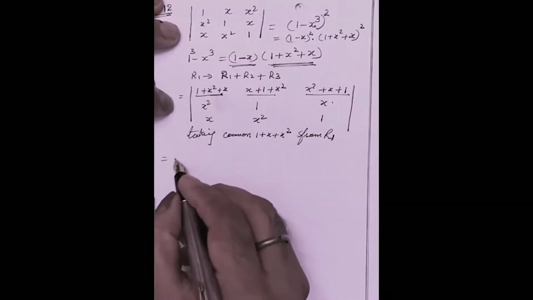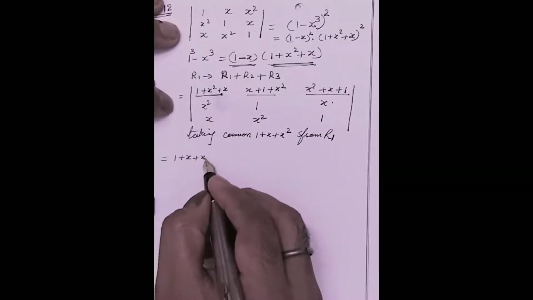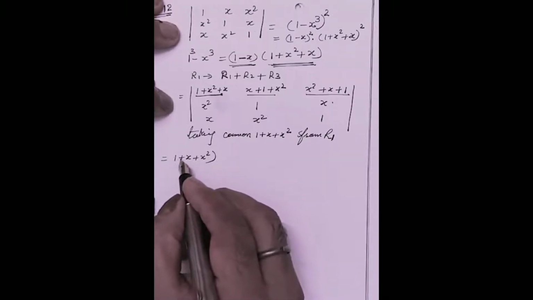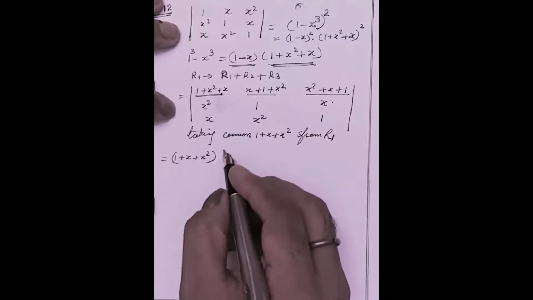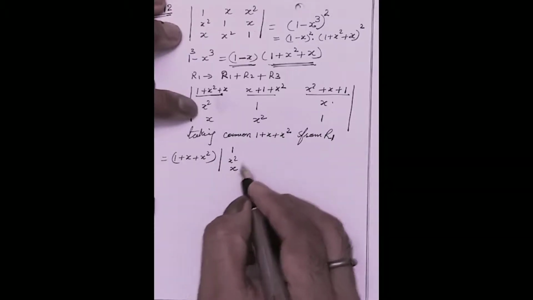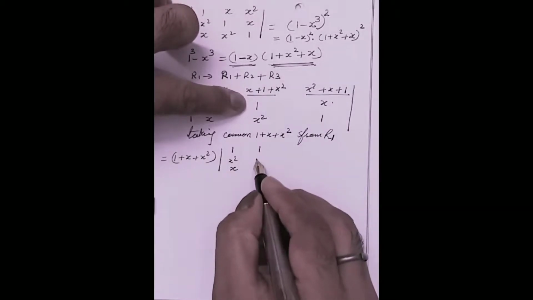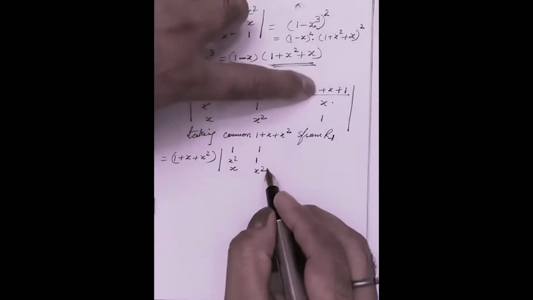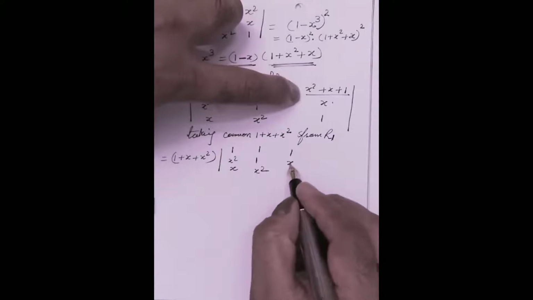So 1 plus x square, which is nothing but a square plus b square plus ab, is outside. Now we have 1 x square x, 1 1 x square, and here we have 1 x and 1.